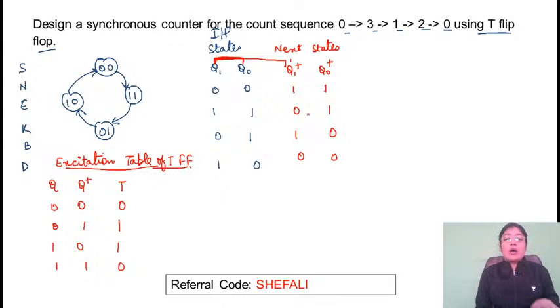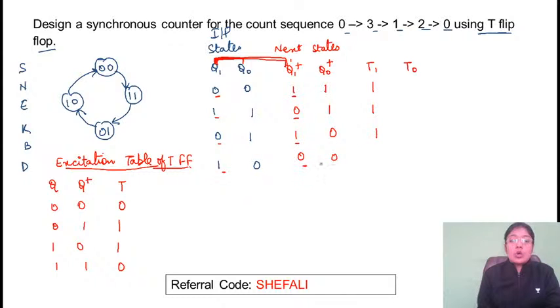Now use this here to determine T1 and T0. Use the excitation table on this one. 0 and 1, there is a change. 1 and 0, there is a change. Values are toggled.